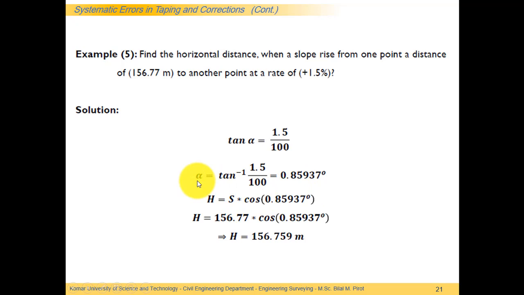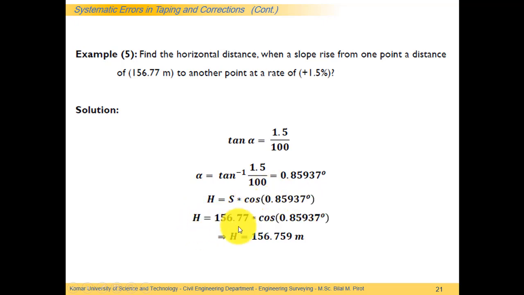Now, if you have the angle, and also the length of the slope, that is 156.77, you can easily find the horizontal distance. The horizontal distance is equal to the slope distance, or the inclined distance, multiplied by cosine of the angle, and everything is known now.